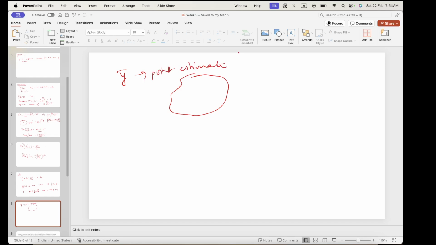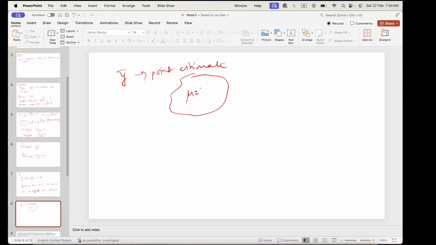Let's say the population parameter for something, say the height of an average Indian female.